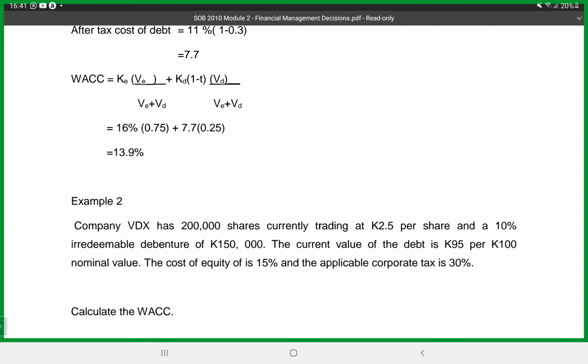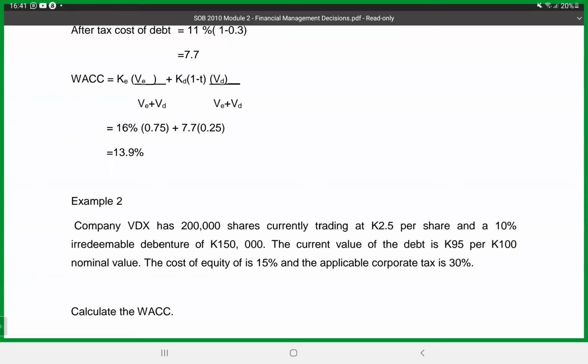The current value of the debt is 95 kwacha per 100 kwacha, which is the same as 0.95 nominal value. The cost of equity is already given as 15%, and the applicable corporate tax is 30%. So can we calculate the weighted average cost of capital?